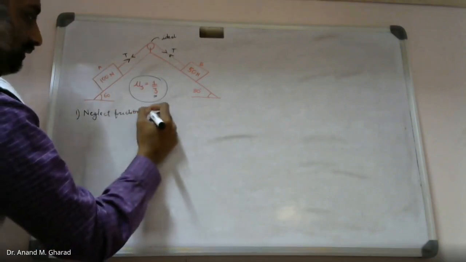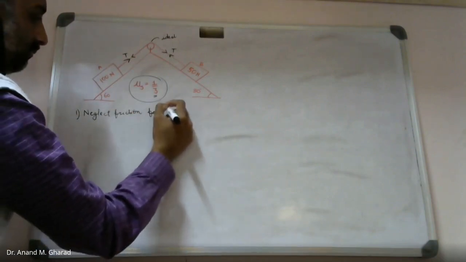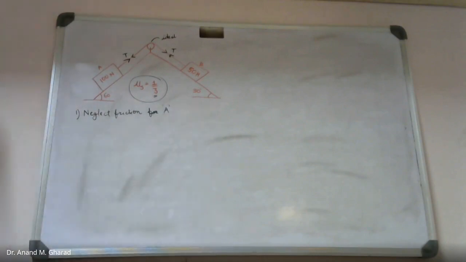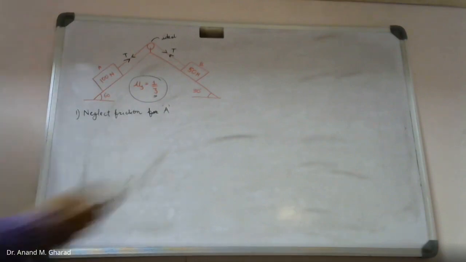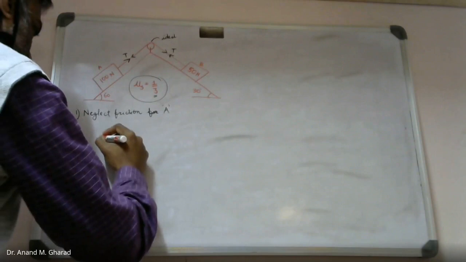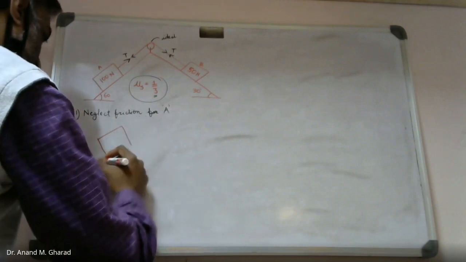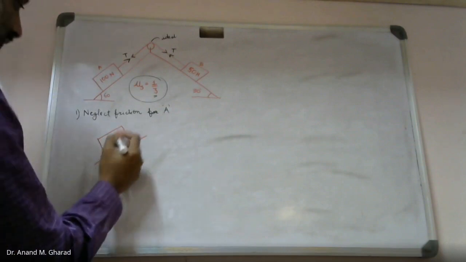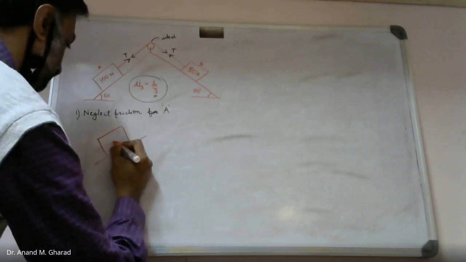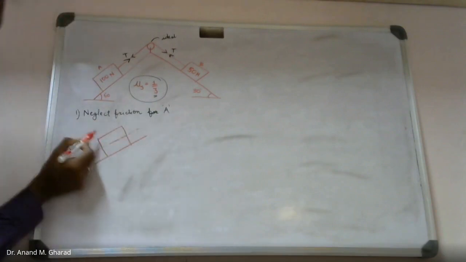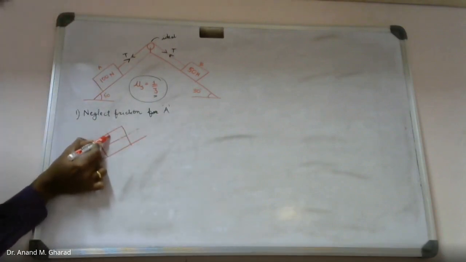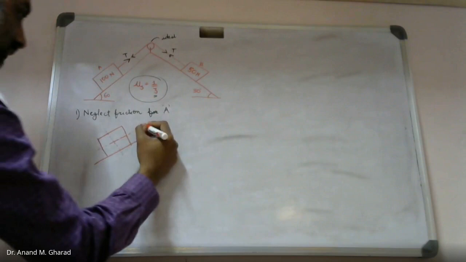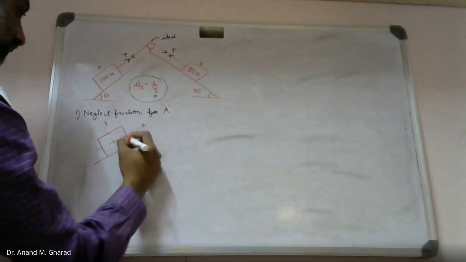Let's say we neglect friction for block A. And if I neglect the friction, then I will draw the free body diagram associated with block A. Okay. How many components do we have? So let me consider these to be the axes for block A. Let this be X, this be Y.